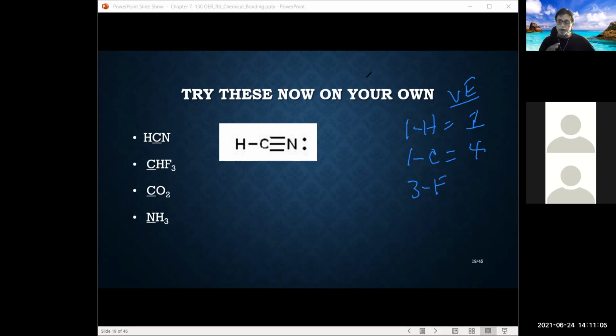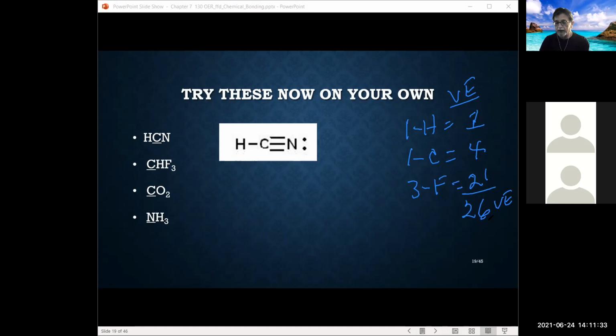So 7 times 3 is 21. So I have 21 valence electrons coming from the fluorides. So I have 1 plus 4 plus 21, isn't that 26 valence electrons? Check my math. Keep me honest here. I have 26 valence electrons.